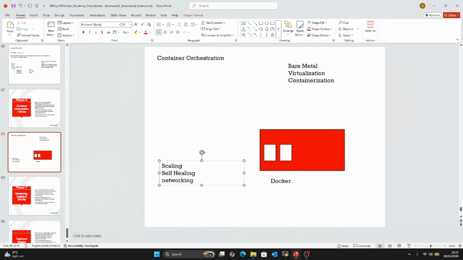That is the third challenge. The fourth challenge, how do you apply updates without downtime, right? How do you apply updates to your container without having a downtime?